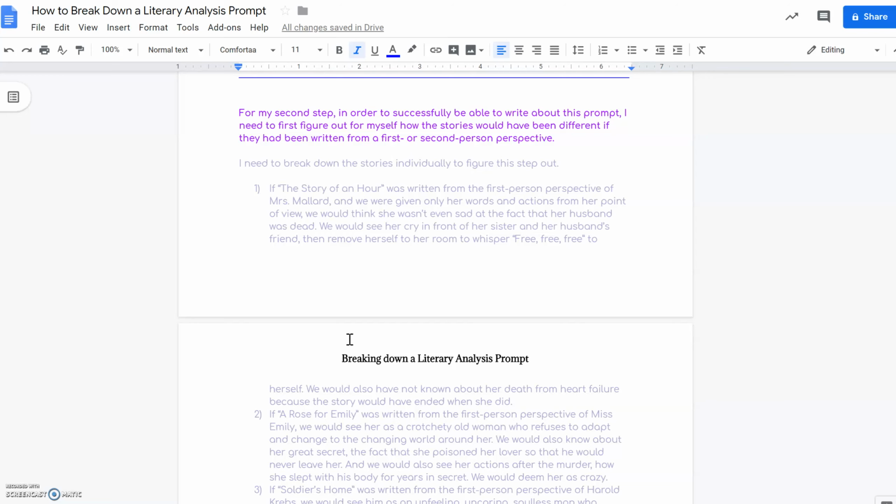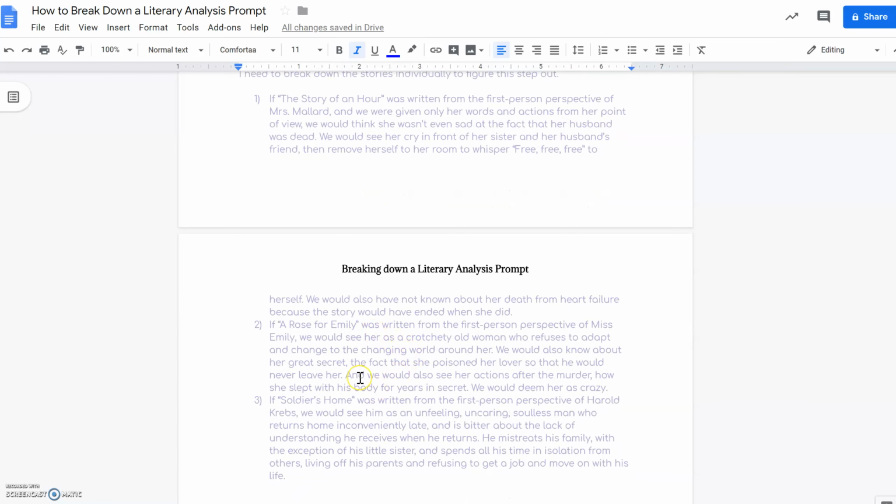She's free, free, free. If A Rose for Emily was written from the first person of Miss Emily, we would see her as a crotchety old woman who refuses to adapt, who refuses to change to this vastly changing world around her. We would also know about that great secret early on, the fact that she killed her lover so he wouldn't leave her.